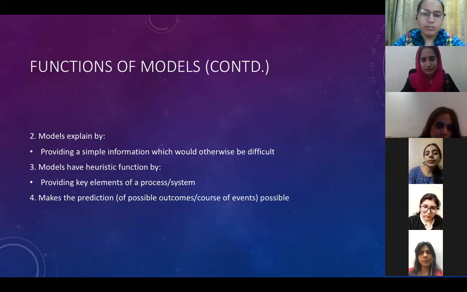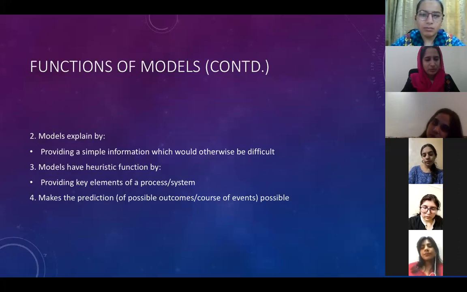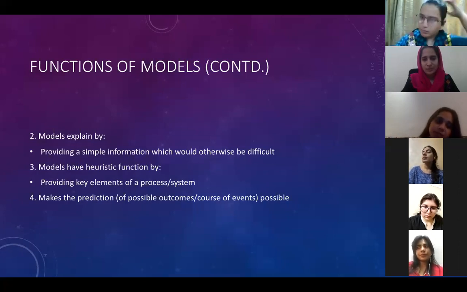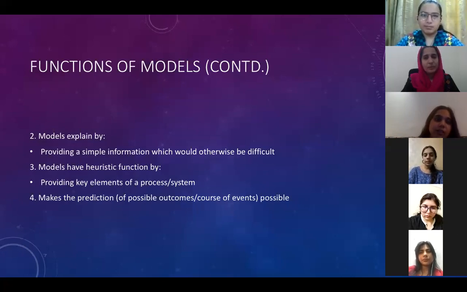Ma'am, situation A will be easier to understand. And why is that? Ma'am, as he's telling about the example, it will be easier for us to understand how to solve it. It gives us the simple information that is easier for us to understand. What gives you simple information?